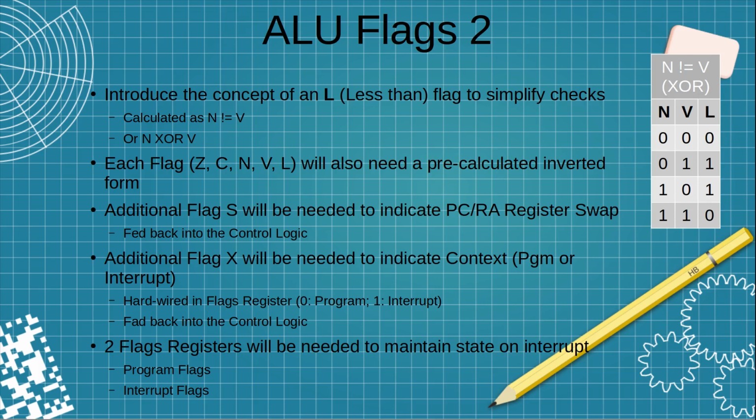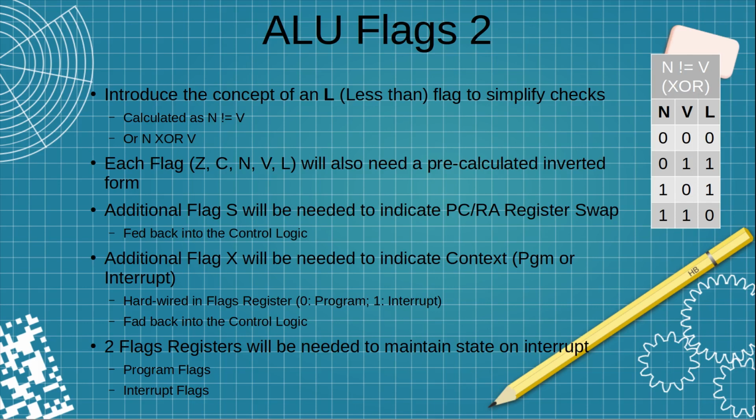Or, in other words, the N flag exclusively ORed with the V flag, and I've got a table there off to the right so that you can see how that would work out. This is just going to be pre-calculated and latched with all of the other flags as needed so that it becomes easier to determine if I have met a condition or not at runtime.